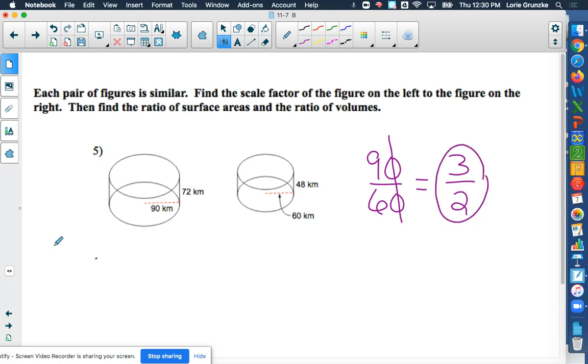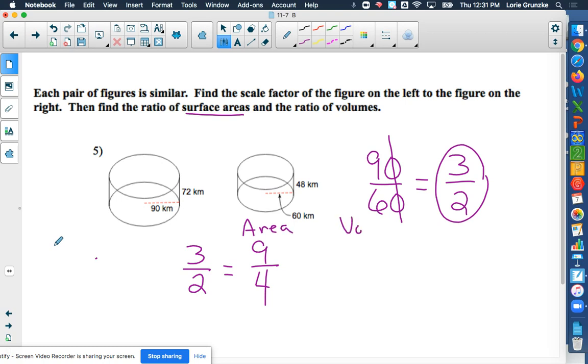So now we have to find surface area. So area was squared. Remember that? So we have 3 over 2, but I have to square this ratio to get it to area. So I square this 3. Imagine a little 2 up there. I get a 9. You have to square the 2. You get a 4. That's the ratio of area.